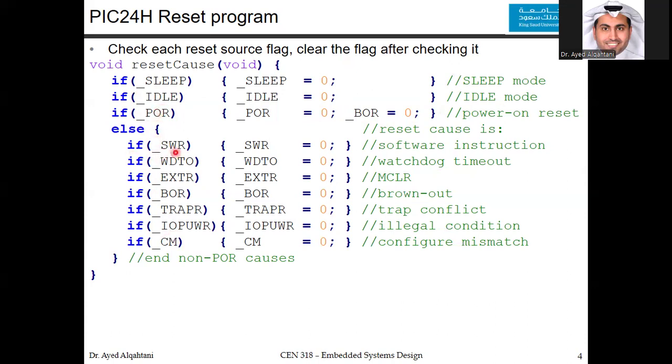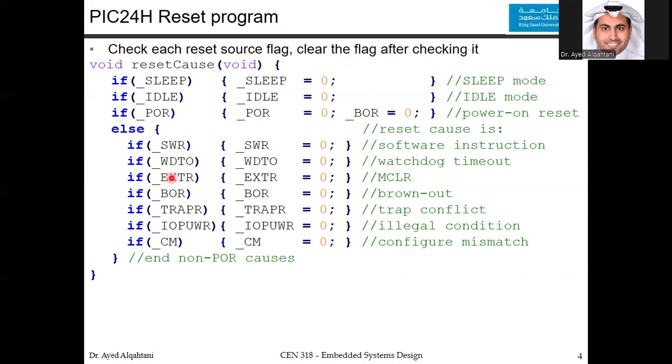We have the software reset, which is the instruction. This is its flag. We have the watchdog timer, or the WDTO. We have the external, which happens from the master clear. If you have a 0 on the master clear pin, remember it's active low, then it will cause this to be asserted.